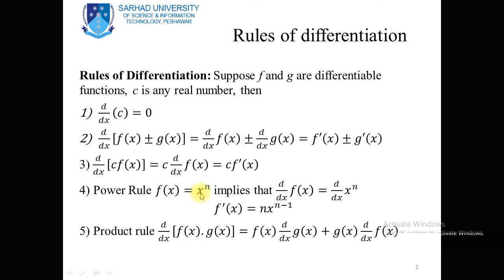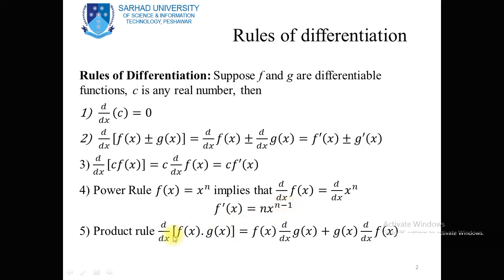Now f of x is equal to x power n. We can take the derivative of x power n with respect to the independent variable x by first multiplying the power with the coefficient and then subtracting 1 from the power. You see over here, this is the power rule: n into x power n minus 1.